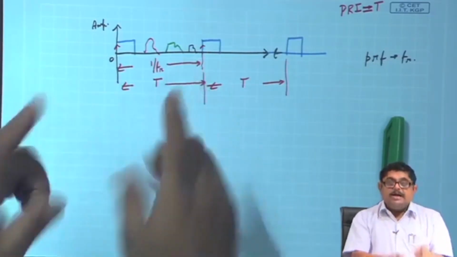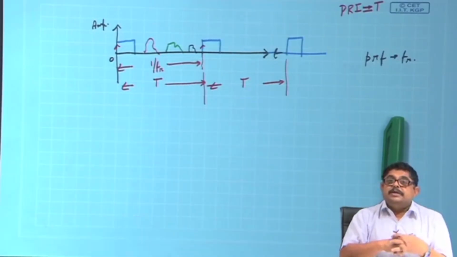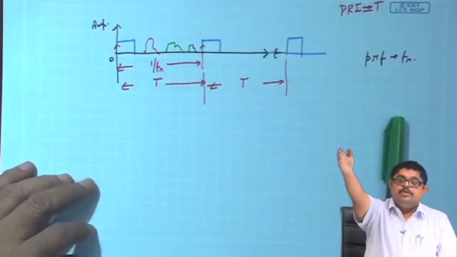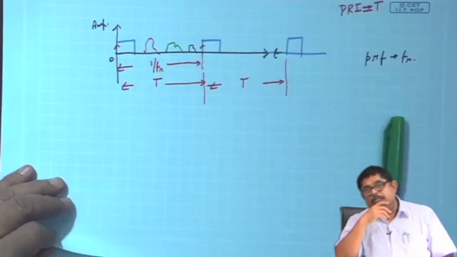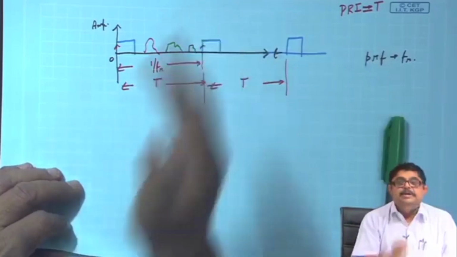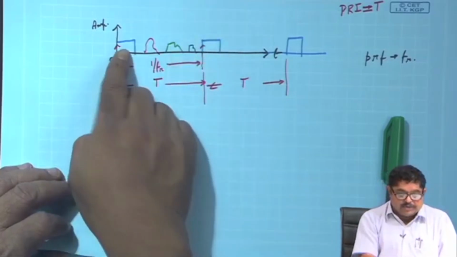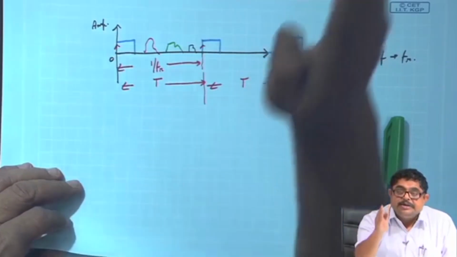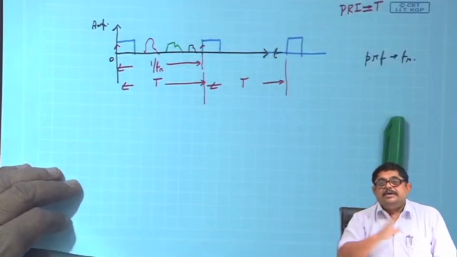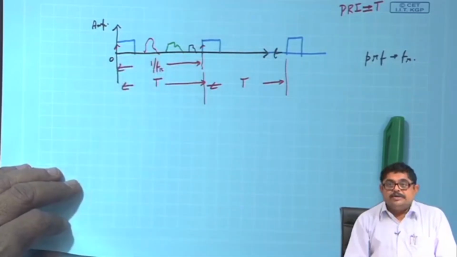So, what is my maximum unambiguous range? There is no ambiguity in my measurement if all the echoes from the maximum ranged target arrive before I transmit the second pulse, the next pulse. If I receive all the echoes, there is no ambiguity, and all the range measurements will be unambiguous.